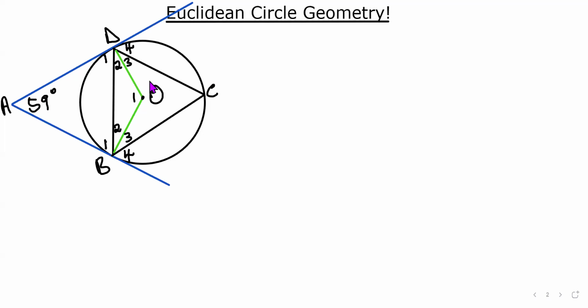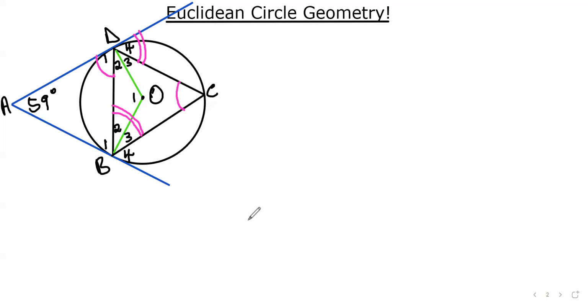According to the tan-chord theorem, we know that the angle between a tangent to the circle and a chord is equal to the angle in the alternate segment. That's the first thing we can see. But that's not all. The angle between a tangent to the circle and a chord is equal to the angle in the alternate segment. All right?